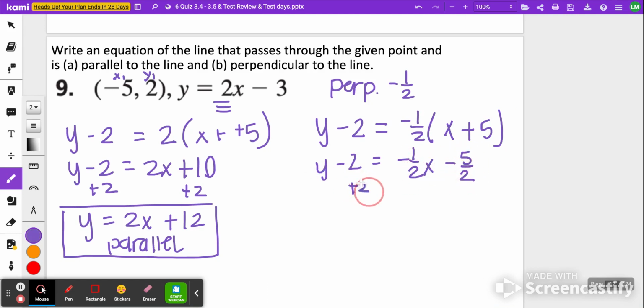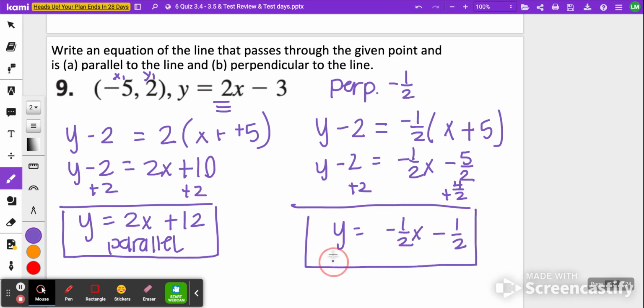I'm going to add 2 to both sides. Adding 2 is like saying I'm going to add 4 halves, which gives negative 1/2. So I have y is equal to negative 1/2 x minus 1/2. This one would be your perpendicular line.